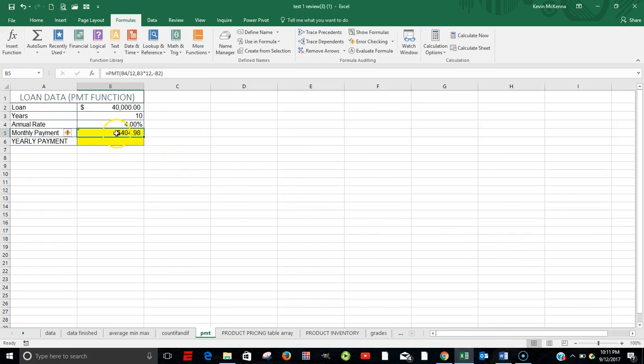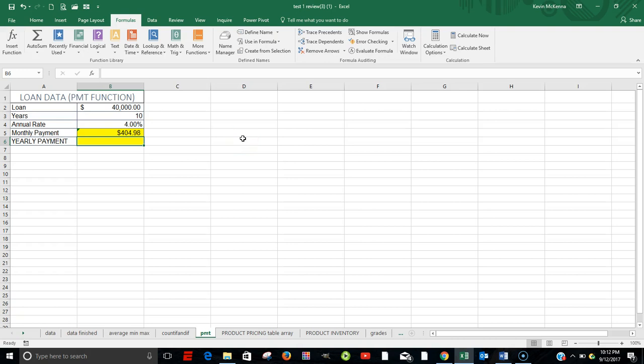What this is telling us is that we would have to be making a monthly payment of $404.98 per month over a 10-year period of time. I always like to come down here and say, well, what's my yearly payment going to be?